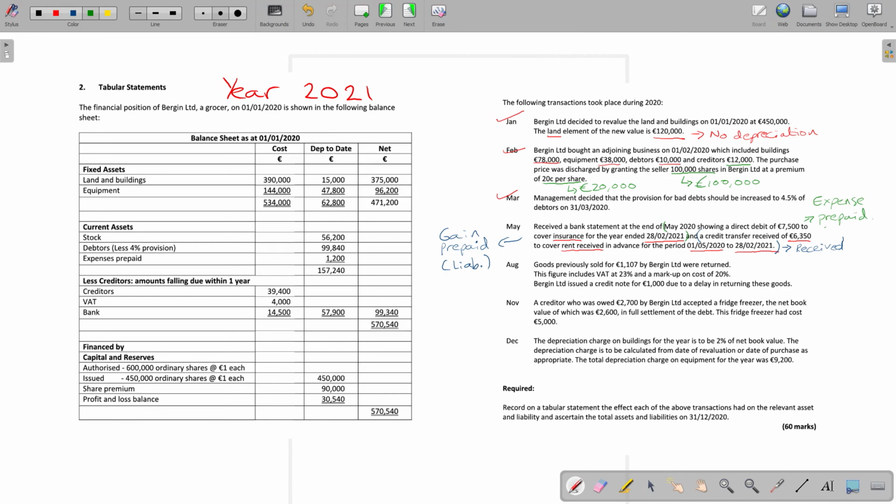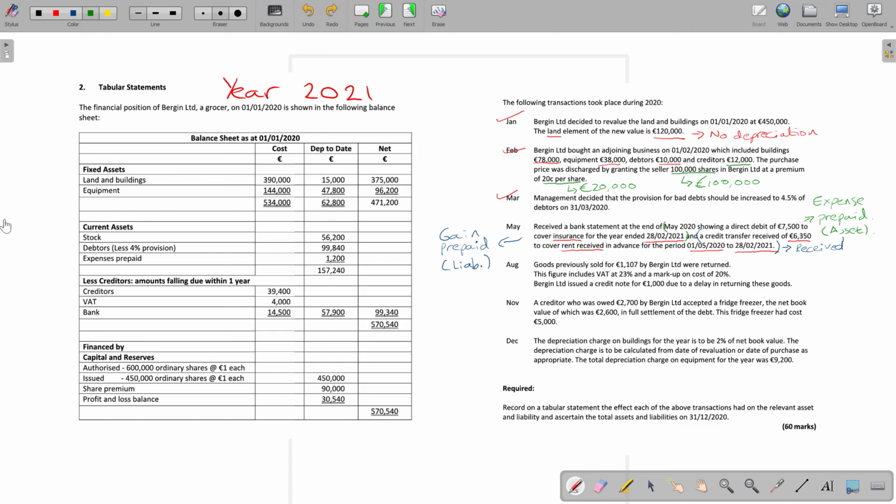An expense prepaid is actually an asset, because if you think about it, it's the same thing that's happening, but in reverse for the gains prepaid. If we gave someone money for a service we haven't availed of yet, they'll have to give me back the money if I don't use it up, for example.